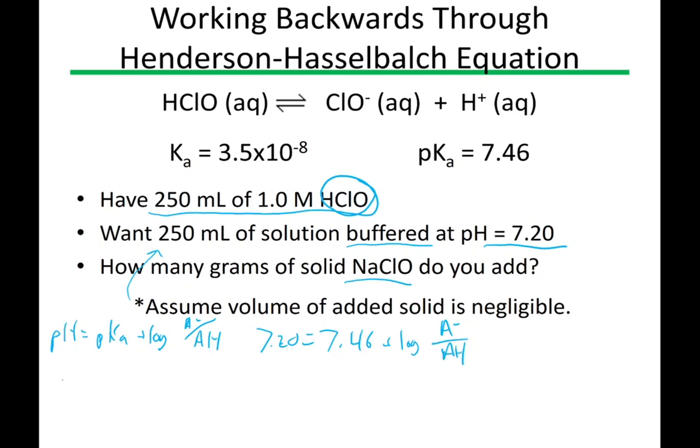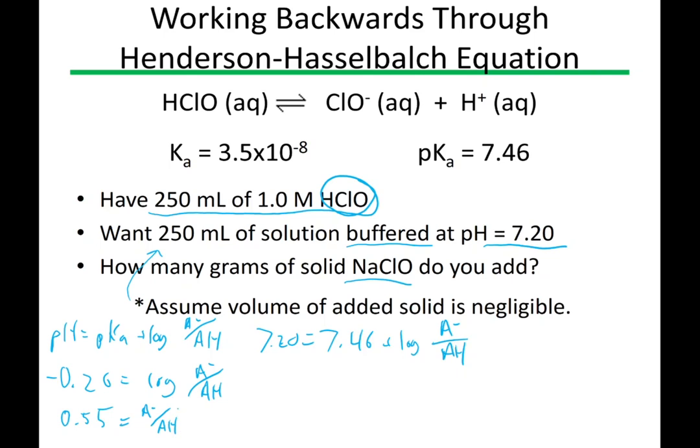If we take the difference here, we get negative 0.26 is equal to the log of A minus over HA. And if we take 10 to the both sides, we get 0.55 is equal to A minus over HA.